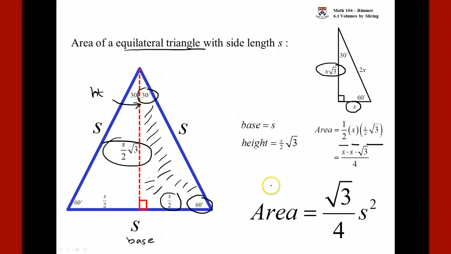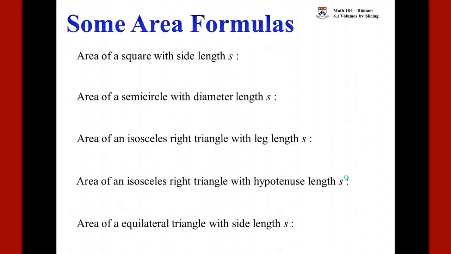All of the cross-sectional volume questions involve finding the area of a slice, and the slices end up being small cylinders, and this is the area of the base, so we're going to need these formulas. Here they all are in one place. The area of a square that has side length s is just s squared. The area of a semicircle with diameter length s, we found out, is pi over 8 s squared.